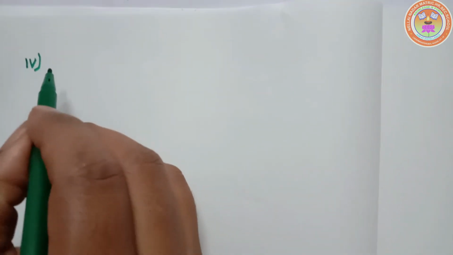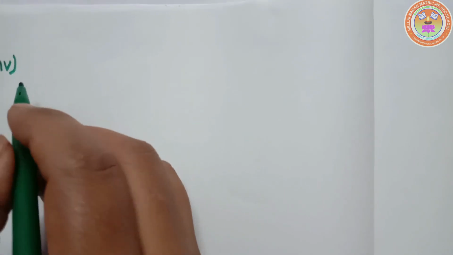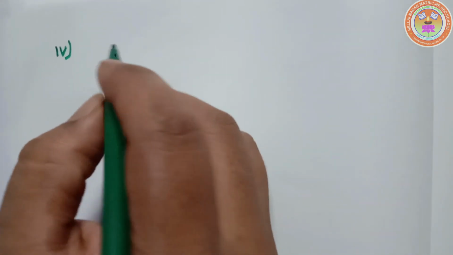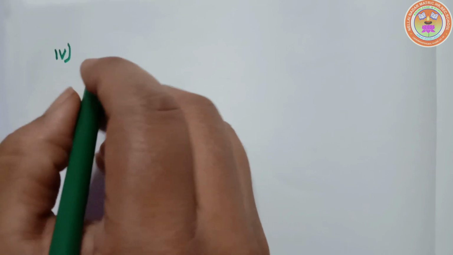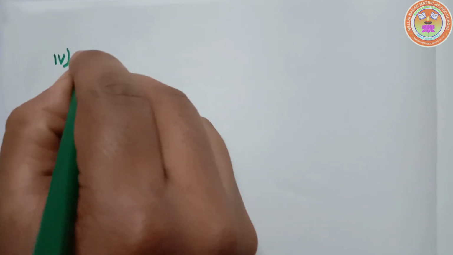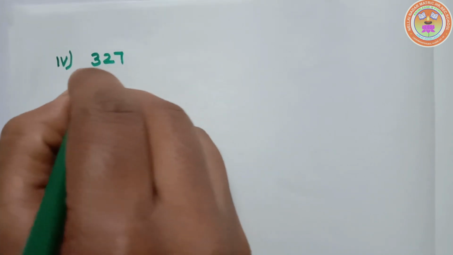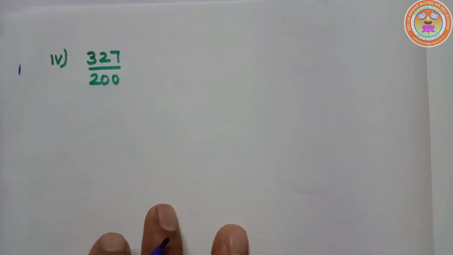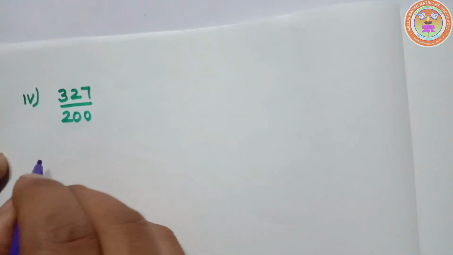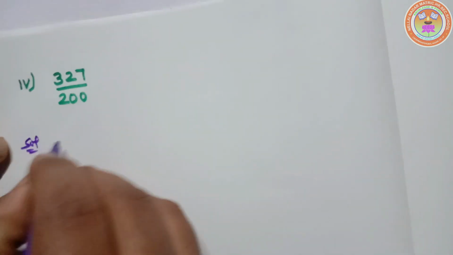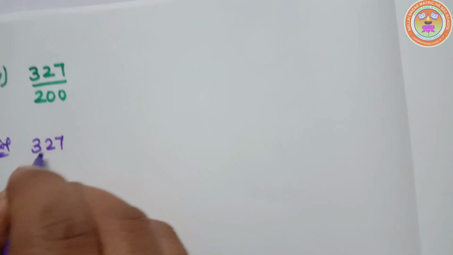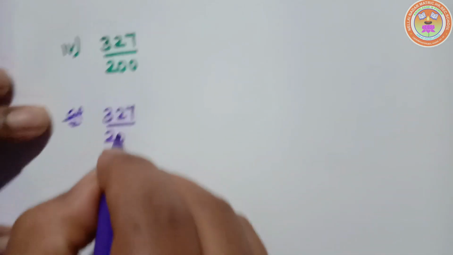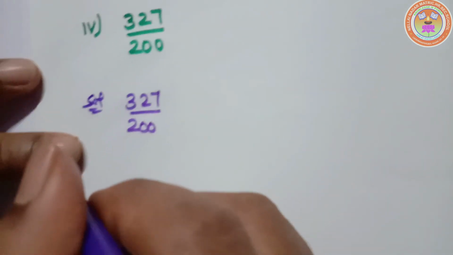Now fourth subdivision, same way, express the rational number in decimal and state the kind of decimal expansion. Fourth one is 327 divided by 200. Yes children. Now solution: 327 divided by 200, right?